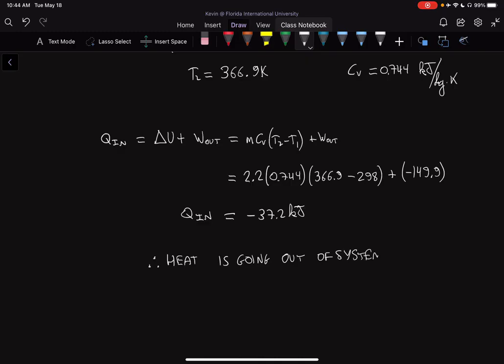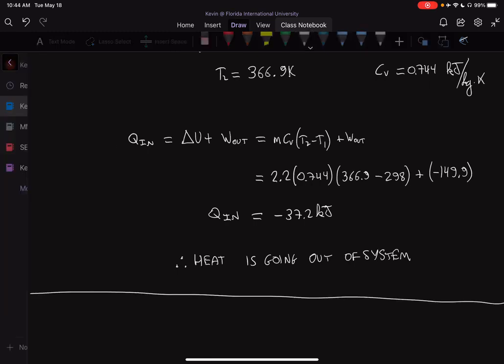And it makes sense, right? Our piston cylinder assembly is being compressed, therefore it makes sense that the heat is going out of the system and not into the system. Okay, so that concludes our first example problem for this session.